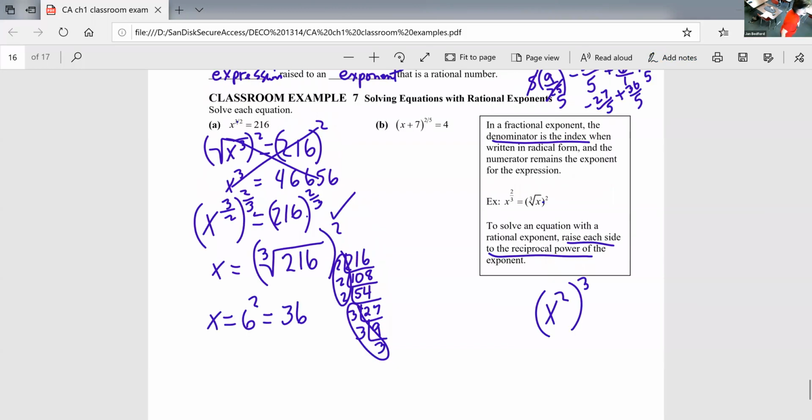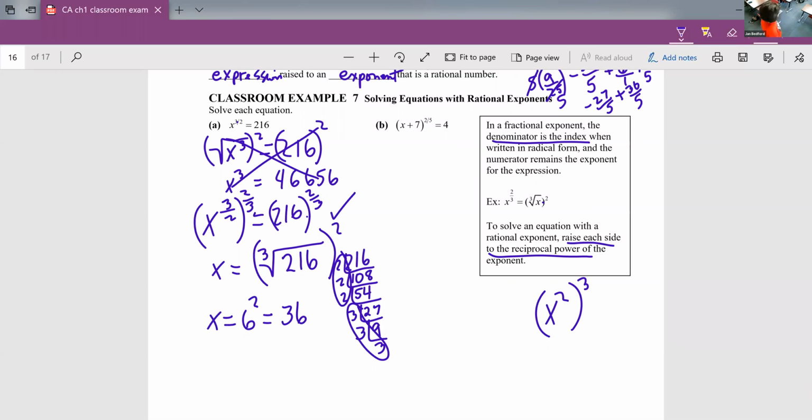I've got x plus 7 in parentheses raised to the 2/5 power equals 4. Any ideas on what we might want to do first? What do I want to get rid of if I can? The fraction exponent, right? How would I get that to go away?